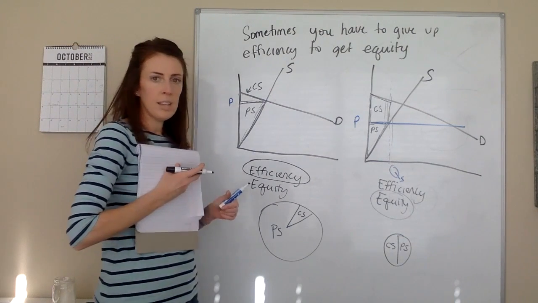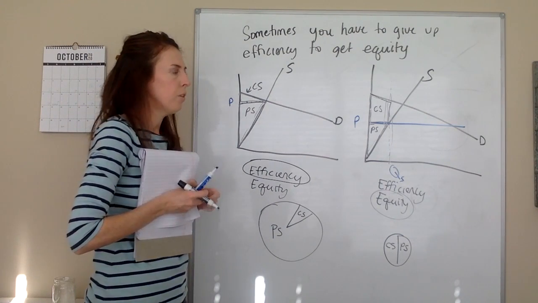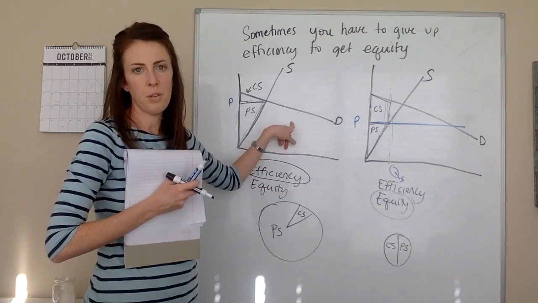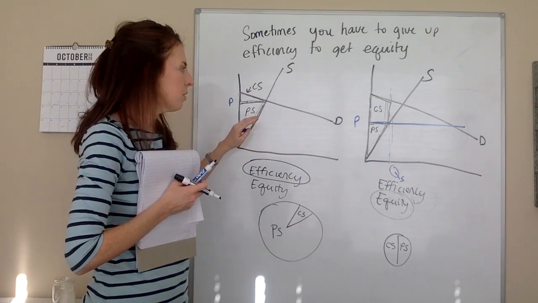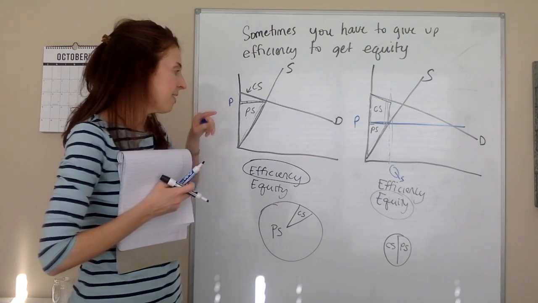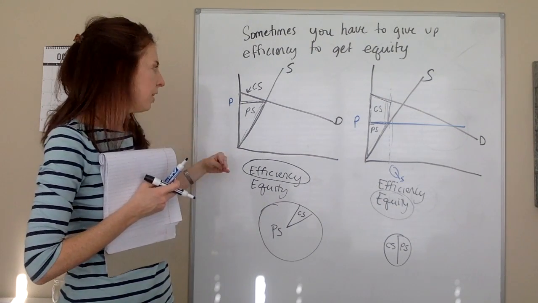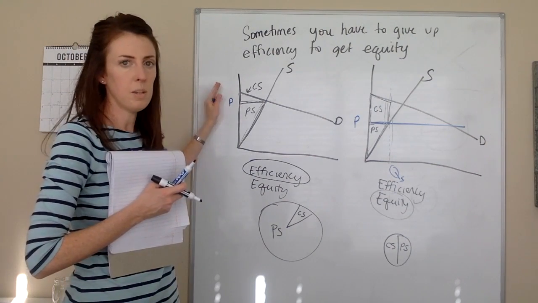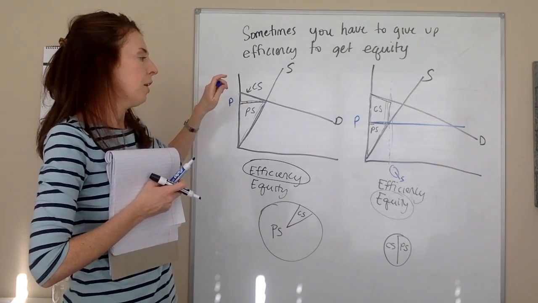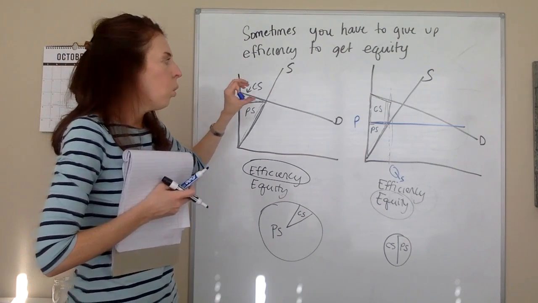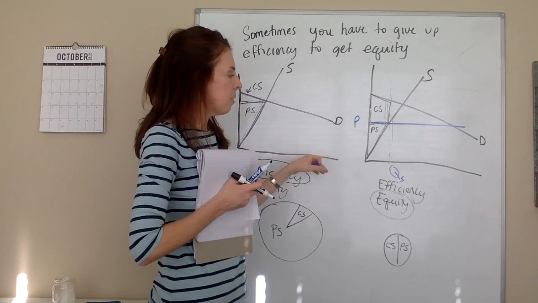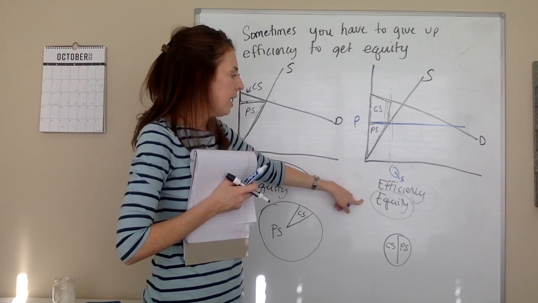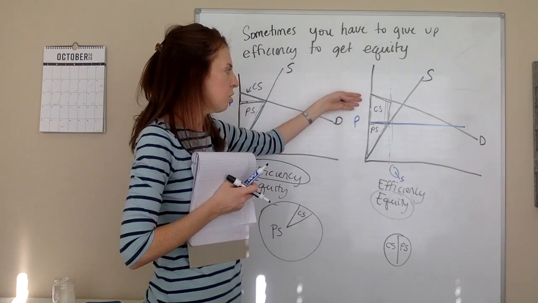Okay, so again, this is where whether you're on the left or you're on the right, you're going to differ in terms of which approach you think would be better for the government to pursue. A Republican would say, we prioritize efficiency over equity, hence we need to let the market be, we don't touch it, and that will give us the strongest economy possible. That is true. A Democrat would say, we prioritize equity, so we want to make the market as fair for consumers as producers.